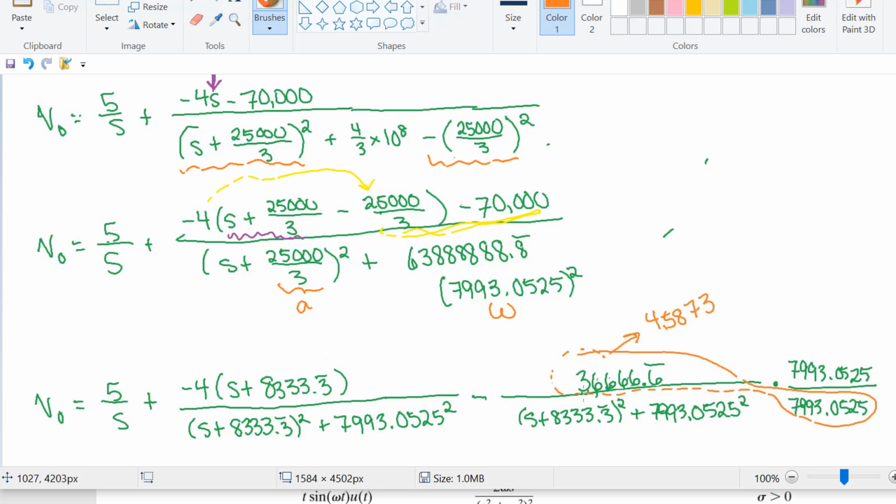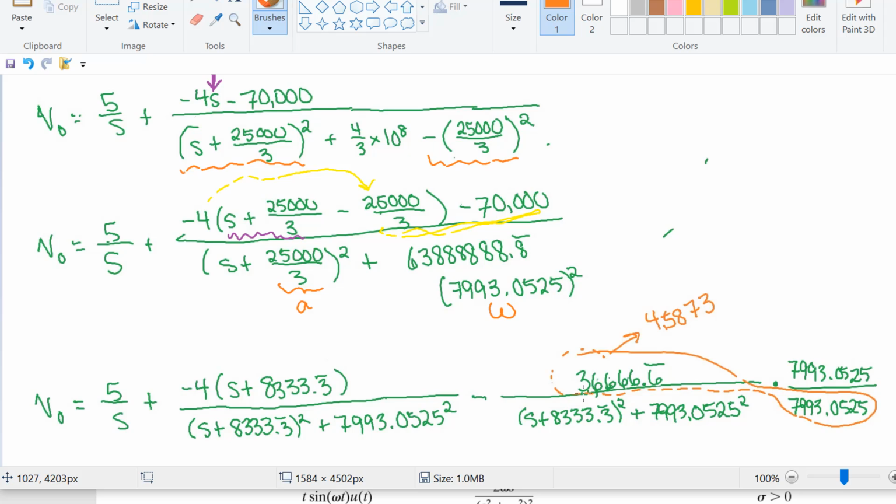Okay, so that was the constant kind of left over in the numerator. The denominator is the same as it is in the first fraction. But remember, we want omega in the numerator. So I'm going to force it.